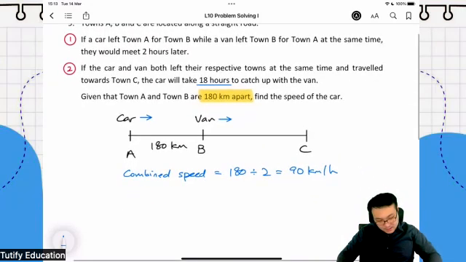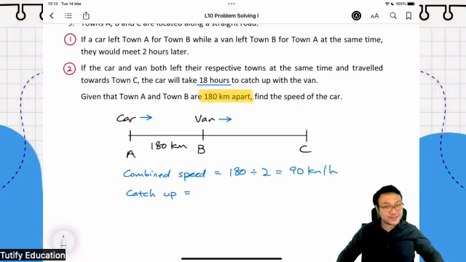That means in 1 hour, he's catching up by how many kilometers in 1 hour? 18. You need to catch up 180 kilometers altogether, right? Yes.